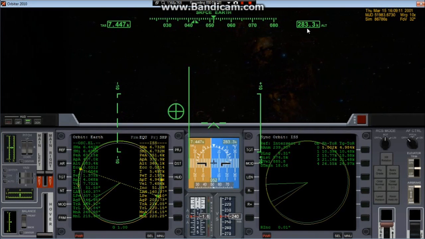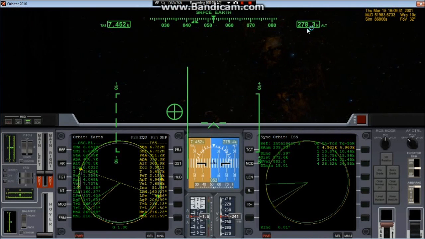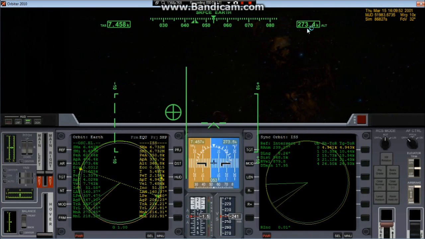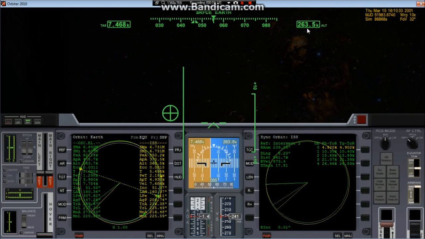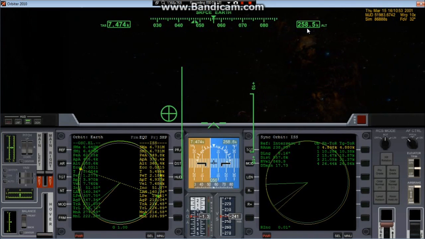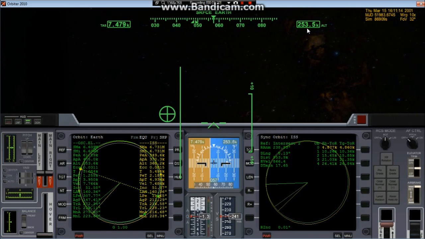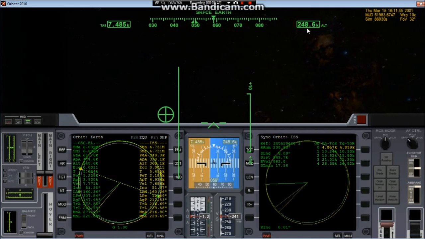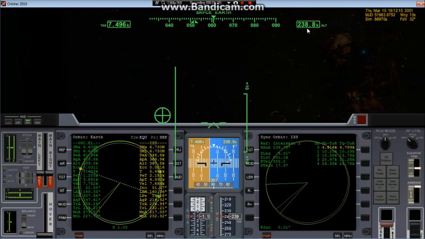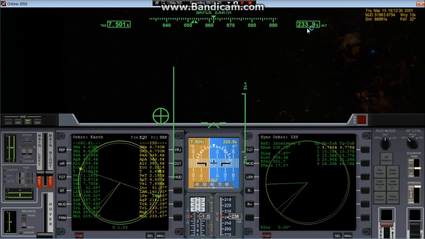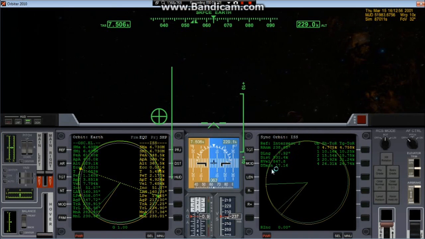But in this case, we're going for a low pass, which means we need to prepare by aligning with our prograde, because a low pass means the air is going to come back again. So we need to align with prograde, and we're going to need to shut the radiator. And our orbit will perturb, hopefully enough that this goes back to 0.